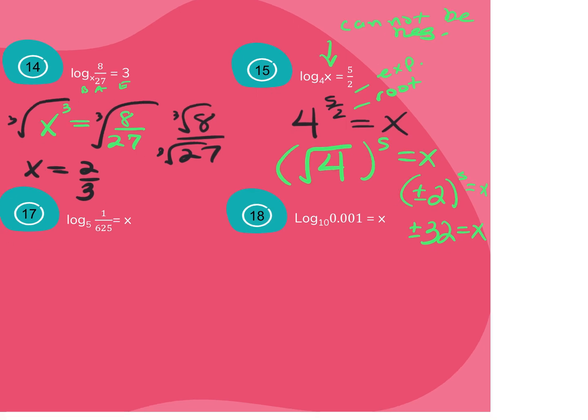The only answer to this problem is going to be x equals positive 32. So you cannot take the log of a negative number. Remember, the answer to a log problem can be negative, but the base cannot be negative, and the number you're taking the log of cannot be negative. Let's try the next one.